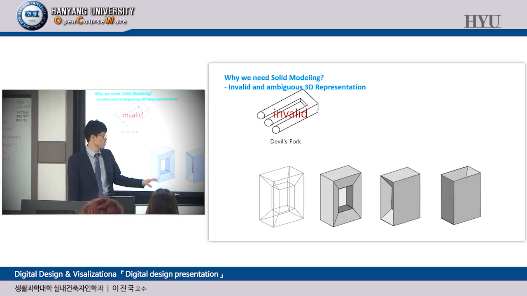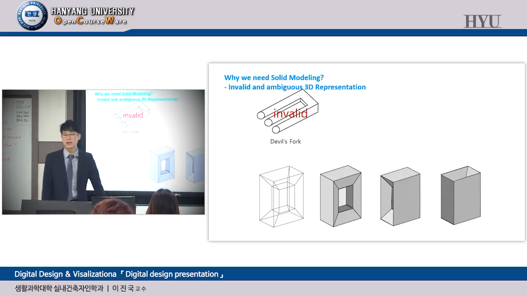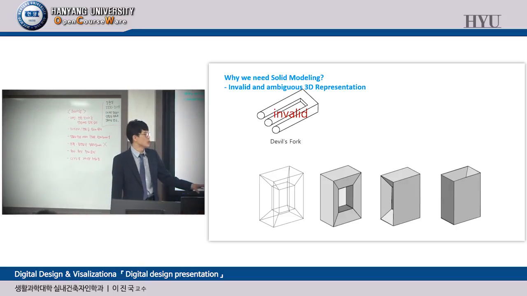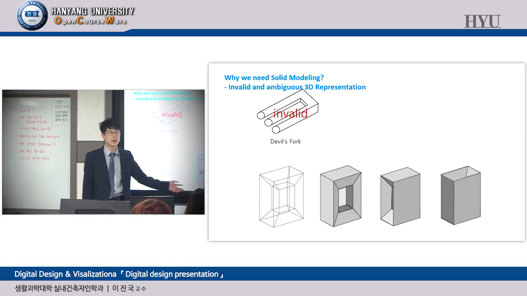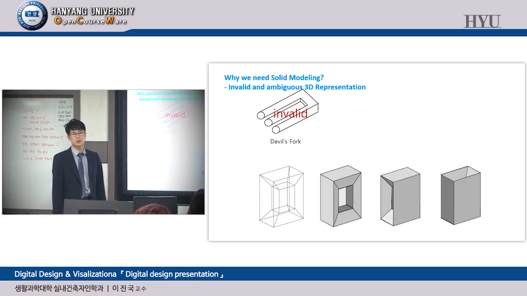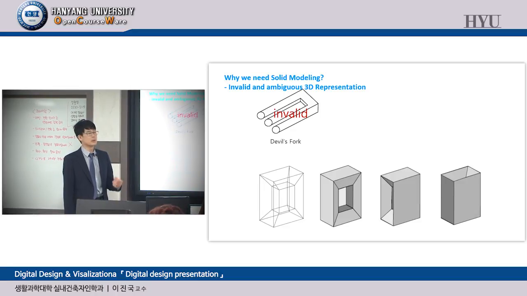So Boolean operations, cut, inset, extrusion, plus, minus, union, intersection, all the operations are available, no problem. Anyway, this is the real-world product representation method implemented in computers, the solid model.